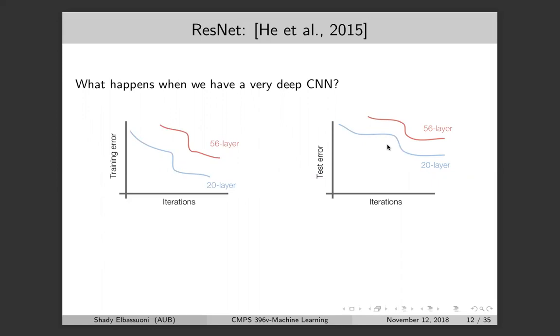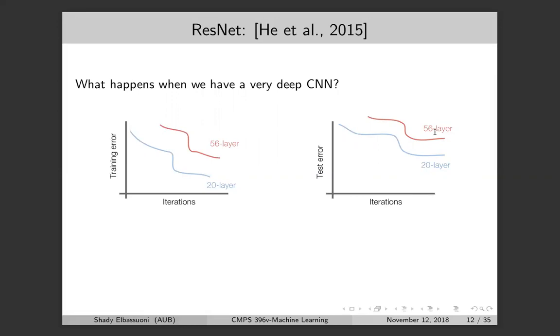The first point is the deeper the network or the more layers there are, the worse the error is, whether training or test. You can see this from the figure, both, right? No matter what the number of iterations is, of course, the errors decrease as I train more and more. But overall, if I have a deeper network, so more layers, I tend to have a higher training error and a higher test error than 20 layers.